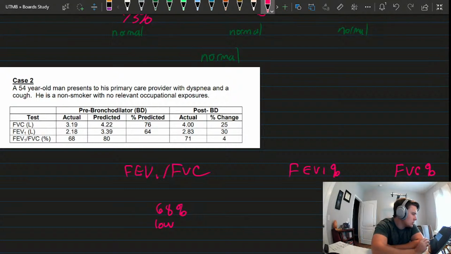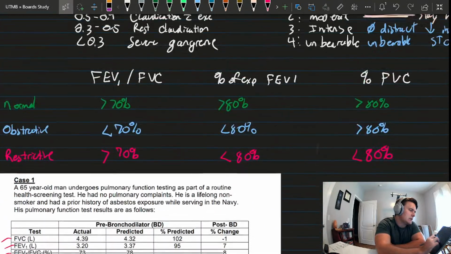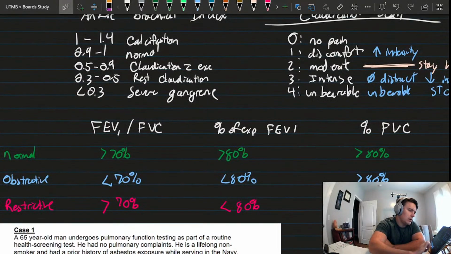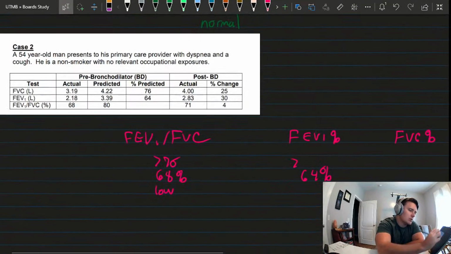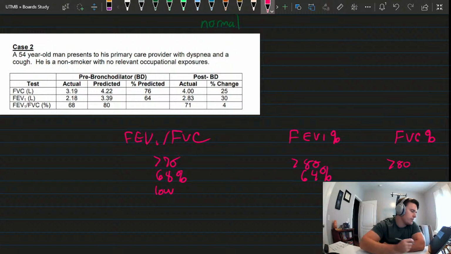FEV1 percentage. So FEV1 percent of predicted is 64%. So again, this is low. So if you remember, our normal values are greater than 70, greater than 80, greater than 80.